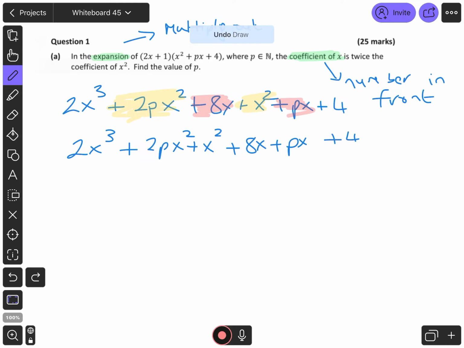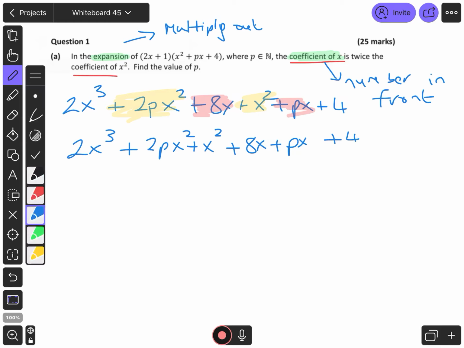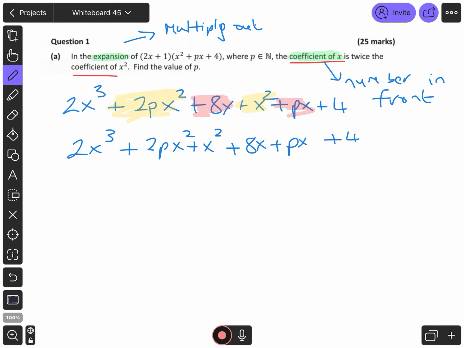So now what we know from the question is that the coefficient, the number in front of x, is twice the number in front of x². If I put all the x²s together, I know that the numbers in front of the x²s and the numbers in front of the x have some kind of relationship. So I'm going to have the x²s over here and the x's over here, and I'm going to ignore the x² because that's just the way that I'm bunching them.